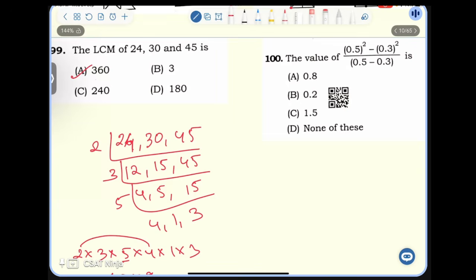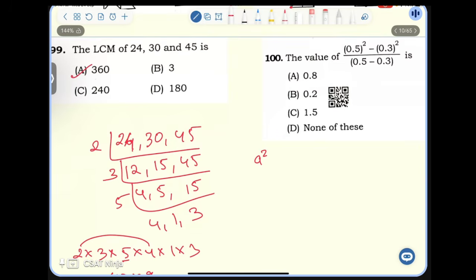It can be solved anyway by squaring this one or squaring this one, but I'll use the algebraic approach because it's much better if you can follow me with this. We have learned from class 10 that a squared minus b squared is (a plus b)(a minus b). I'll assume this one is a and this one is b. So this is 0.5 squared, which is a squared, minus 0.3 squared, which is b squared.